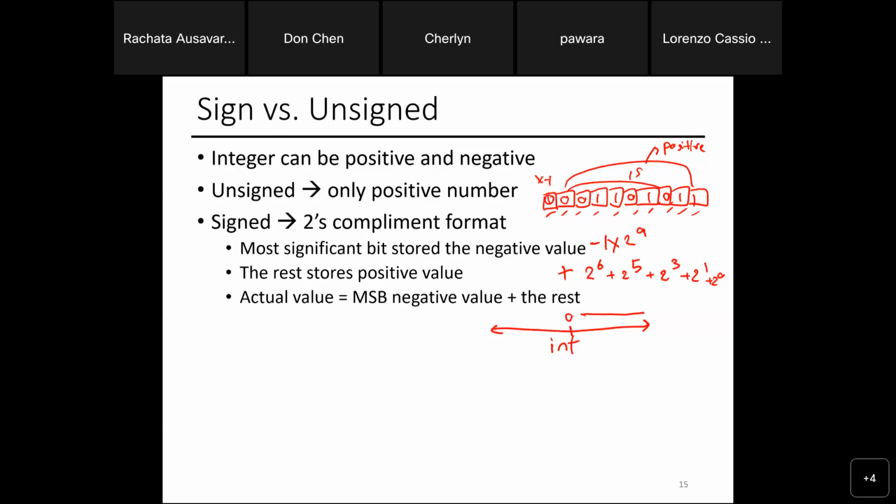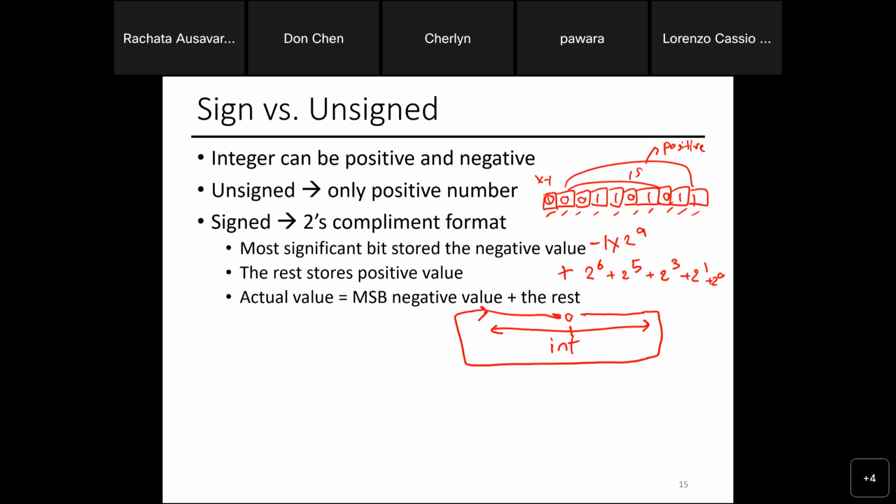If you add 1 to this, what happens? It becomes 1 and then all 0s, right? So that's the negative maximum, because you have negative 2 to the 9 plus nothing. So it goes from here. If you add 1 to this, you come back to the negative maximum. And if you keep adding 1 afterward, it rotates back to 0.